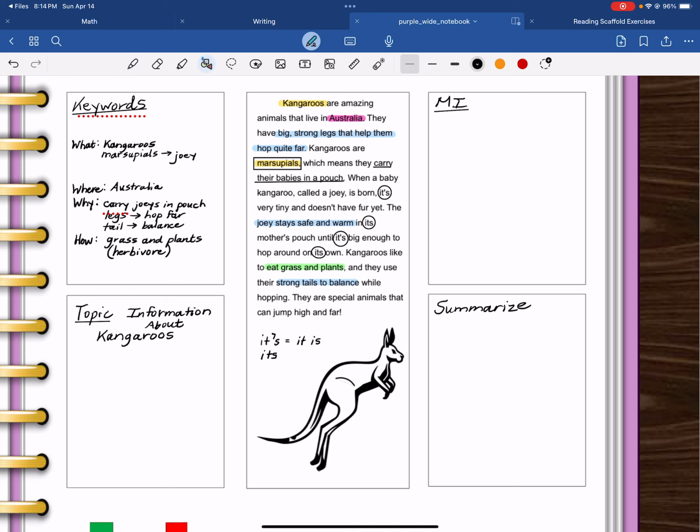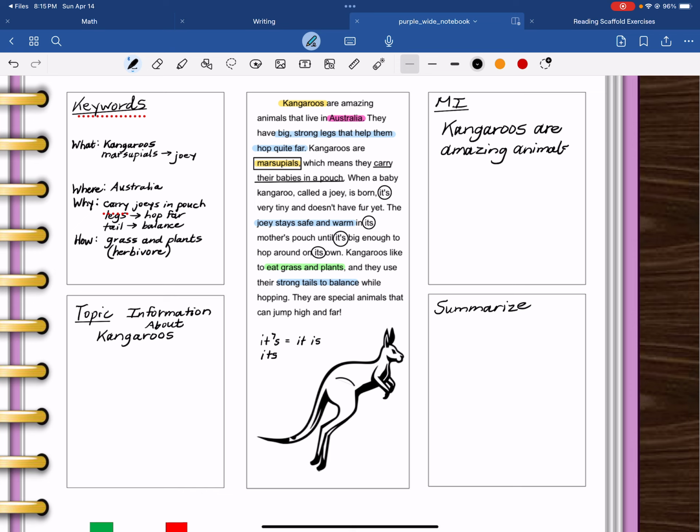So what's the main idea of this passage? We know that it has to include kangaroos because that's our topic. So kangaroos are what? This says kangaroos are amazing animals. We can use that. This is an informational passage about kangaroos.